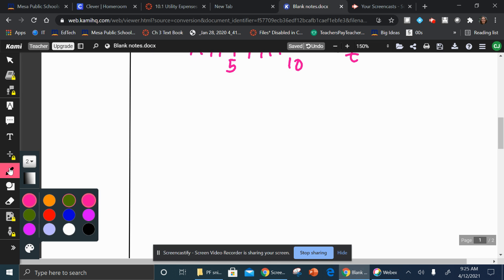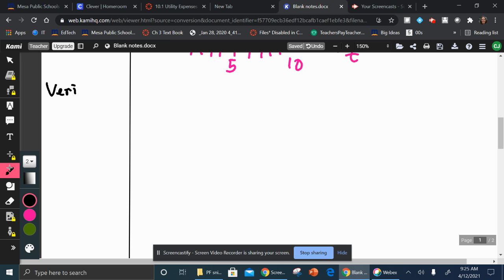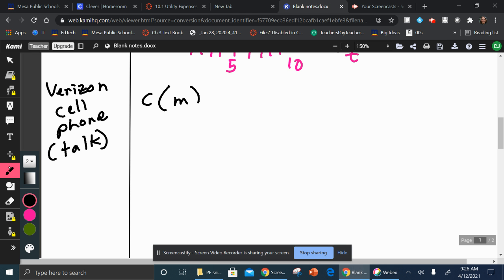Okay, so let's look at an example of a cell phone plan. Okay. So with Verizon, okay, so the cost is going to equal $40.